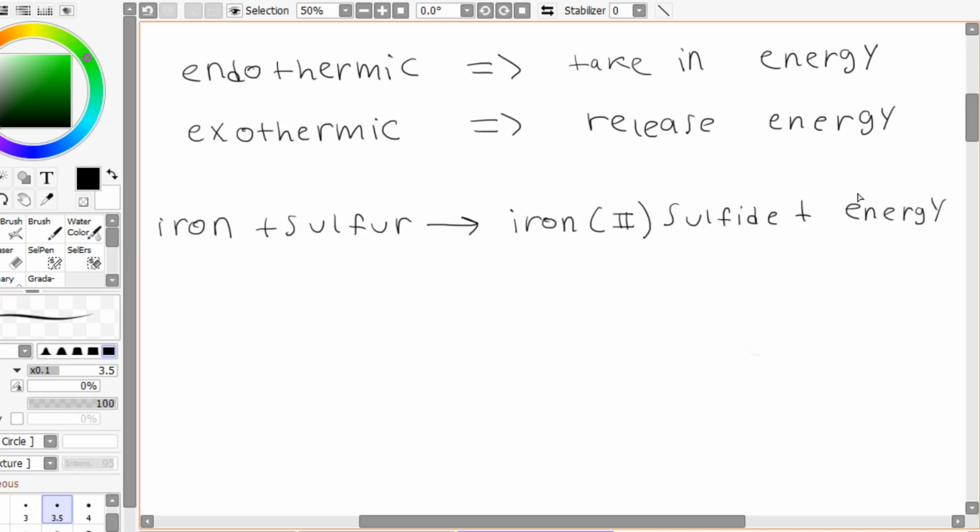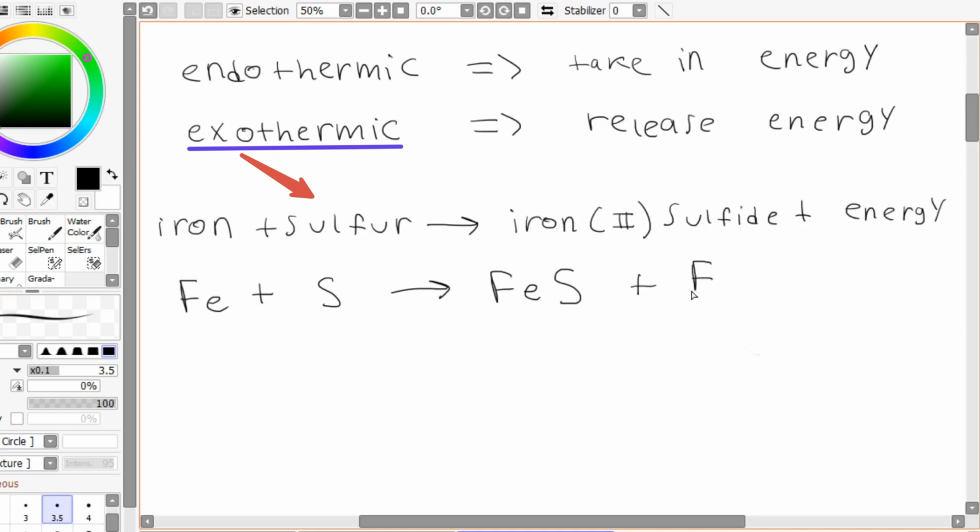It is known that this kind of reaction is going to release energy, and since it releases energy, we can say that it's an exothermic reaction. We can write this in terms of a real chemical equation with symbols for iron plus sulfur, giving us iron 2 sulfide, like that, and you can put in the energy as well.